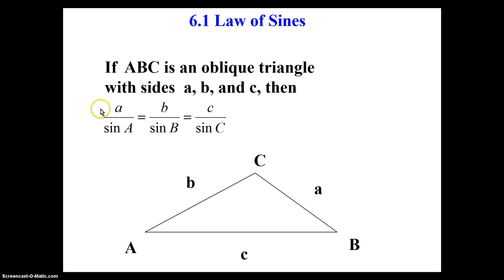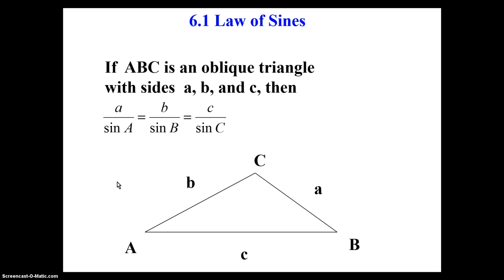And right here is the theorem, the law of sines, and it's a ratio. Basically it's side a over sine of angle A is equal to side b over sine of angle B, and side c over sine of angle C. Before I move on to the next slide, let's recognize a few properties of a triangle.